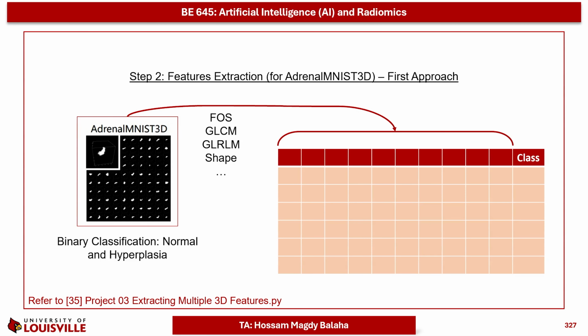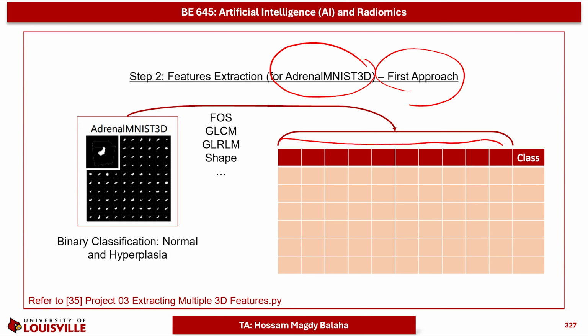The second step, as we mentioned earlier, during dealing with the lung dataset in project 2, we here are dealing with the 3D and highlighting the 2 approaches of the feature extraction again. So the first approach is to extract the whole features, including first order features, GLCM, and so on, and include all of them in your feature set alongside your class and apply the techniques on them.